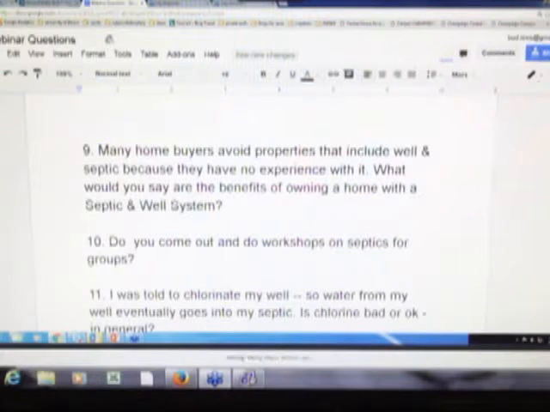In general, if the systems are working properly, they would be cheaper to maintain than paying a sewer bill or a water bill. In our local area, the sewer bill is about $70 every 2 months, which is $700 or $800 a year, and the water is anywhere from $20 to $30 a month, depending upon your use.